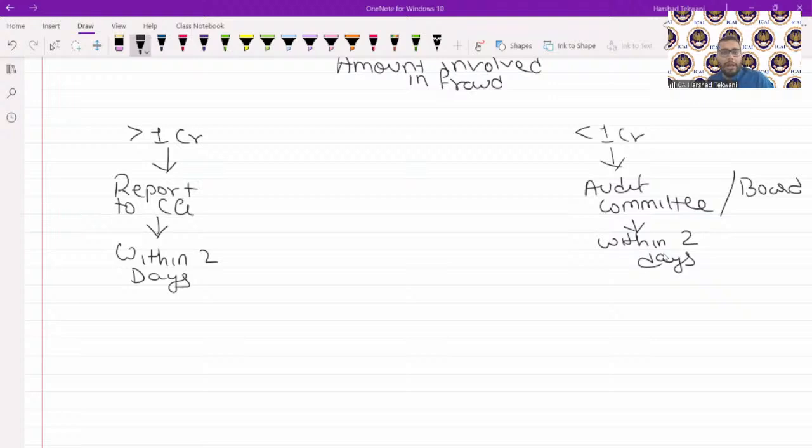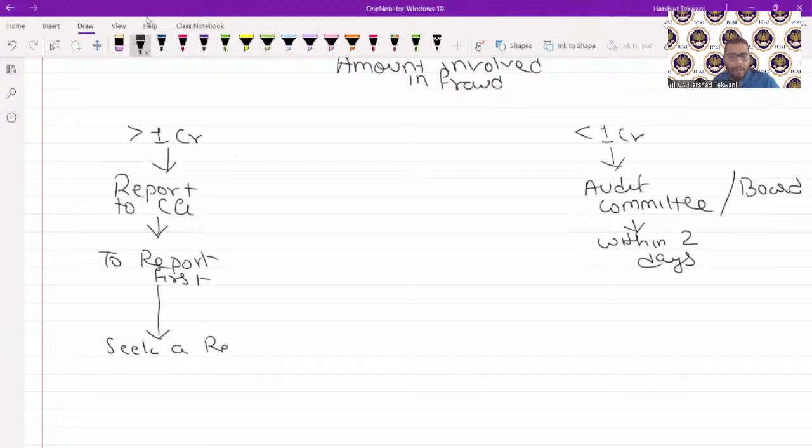So what the auditor needs to do is, if the auditor wants to report the matter to the central government, then first seek a reply from either the audit committee or the board.